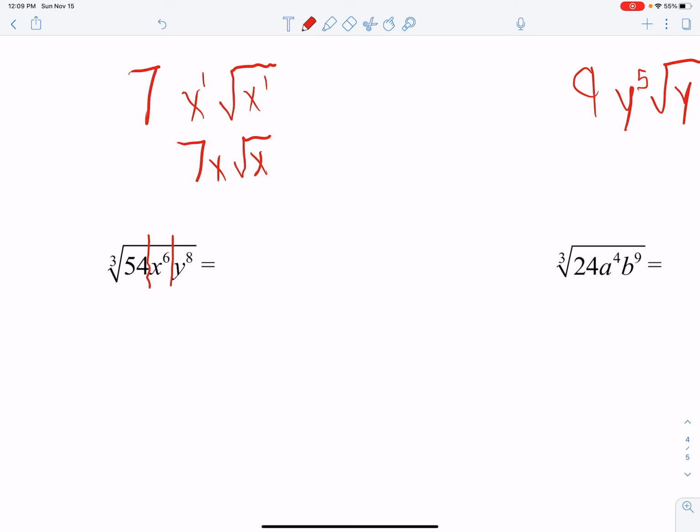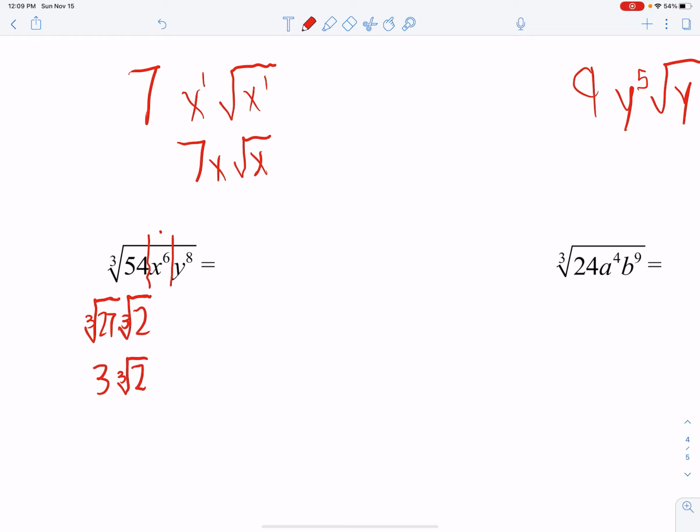Remember, with cube roots, to simplify number expressions, you would split it up into 2 cube roots. And you want to think, what's a number that I can take the cube root of that goes into 54? And as we said, you're usually looking for 8 or 27. In this case, it's 27. We split 54 up into the cube root of 27 times the cube root of 2, and the cube root of 27 is 3. So we have 3 cube root of 2.